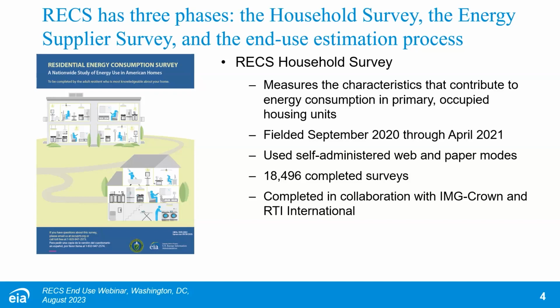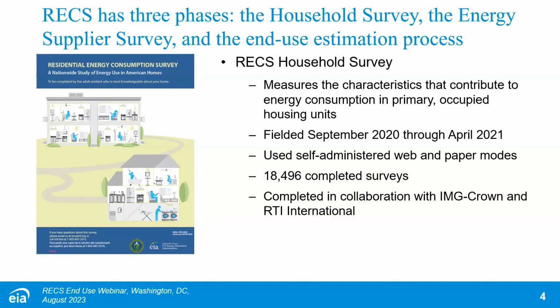We conducted the RECs between September 2020 and April 2021. For the first time ever, we used entirely self-administered modes of data collection. Respondents had the option to respond via web or by mail. This allowed us to expand to our largest responding sample ever, 18,496 households.